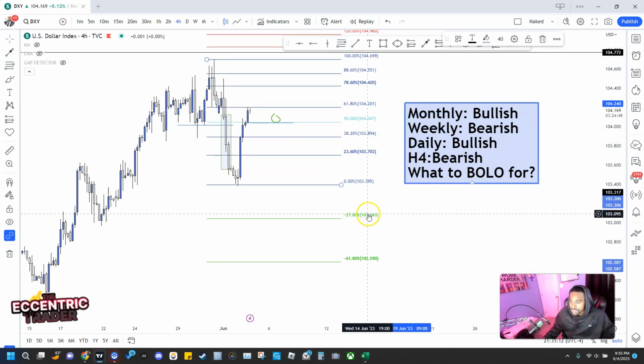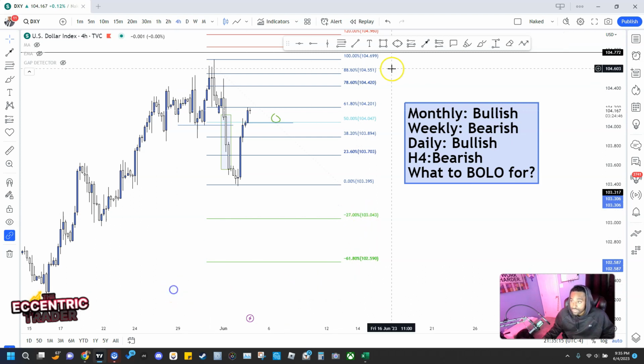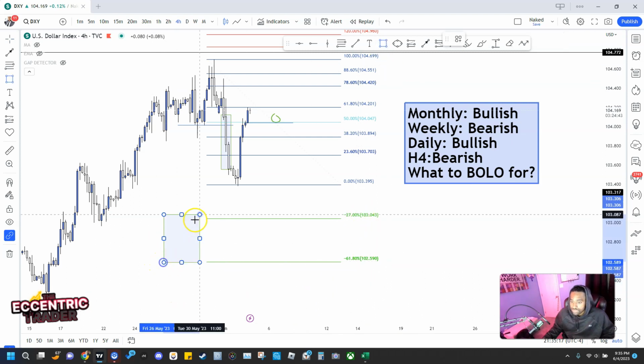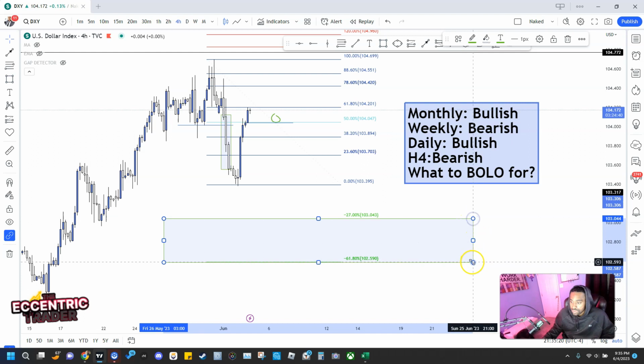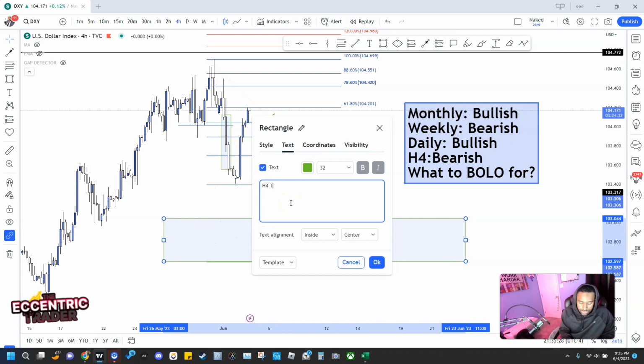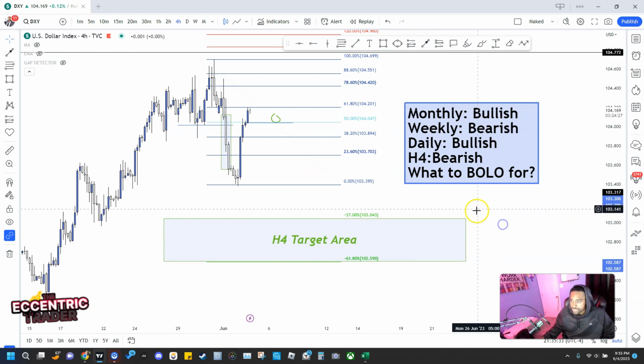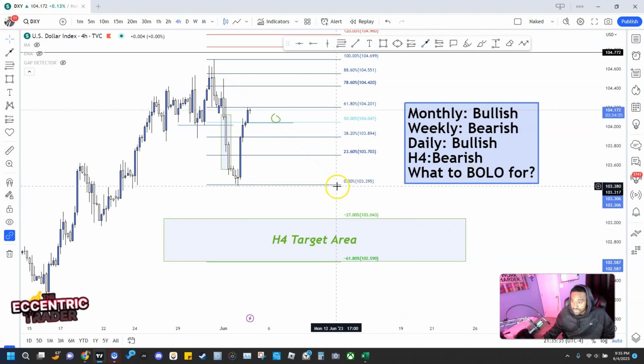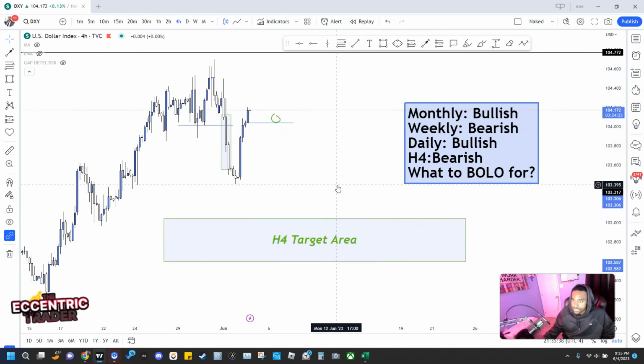And y'all remember these price points right here. Remember those price points. So we'll put H4, target area. Target area. And let's see if they get smashed, right?